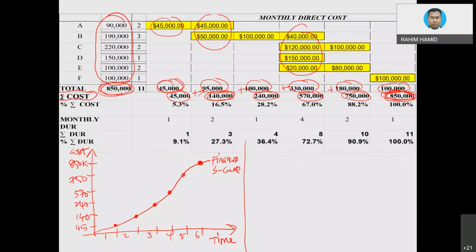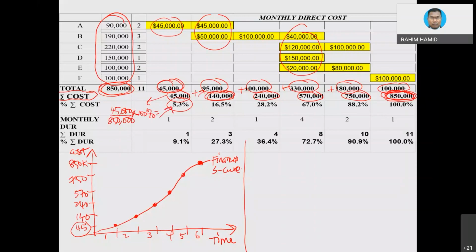And if you want to translate, instead of using the cost, into percentage, it is as simple as you take one of the values, 45,000 here, divided by 850,000, the total, times 100%. So you will get this value, 5.3.